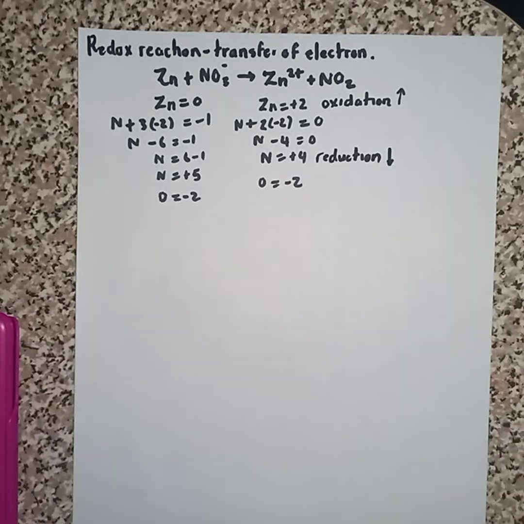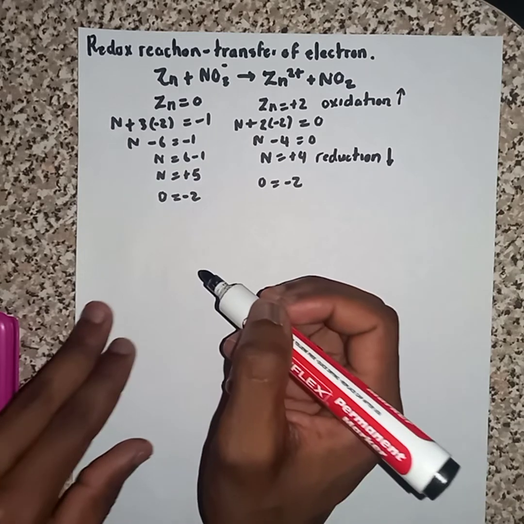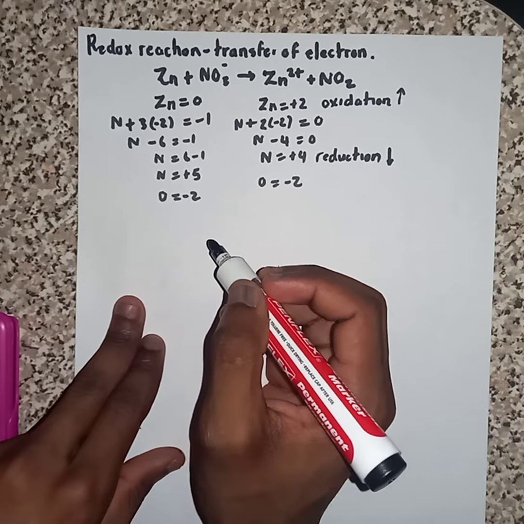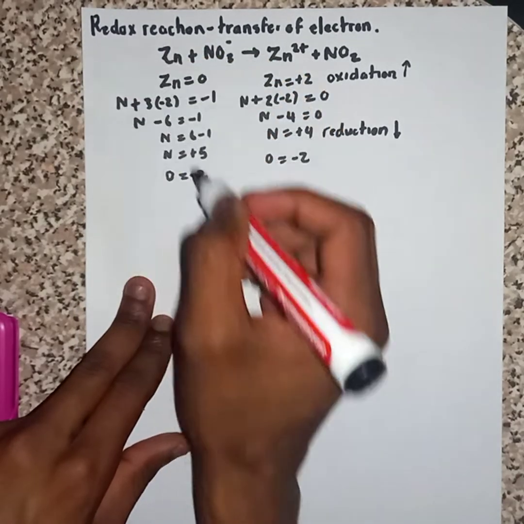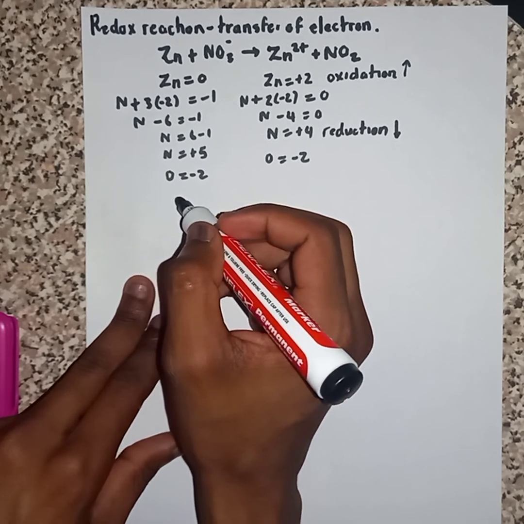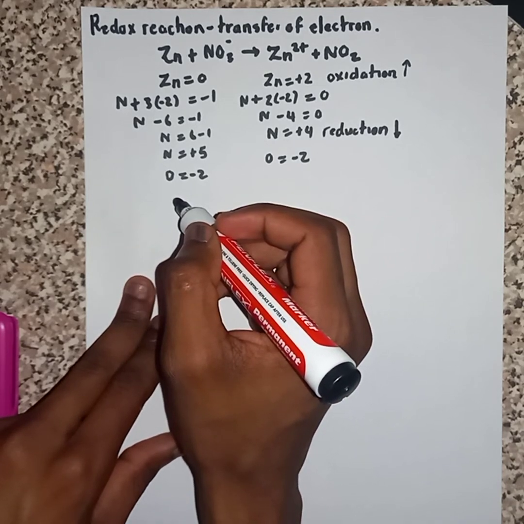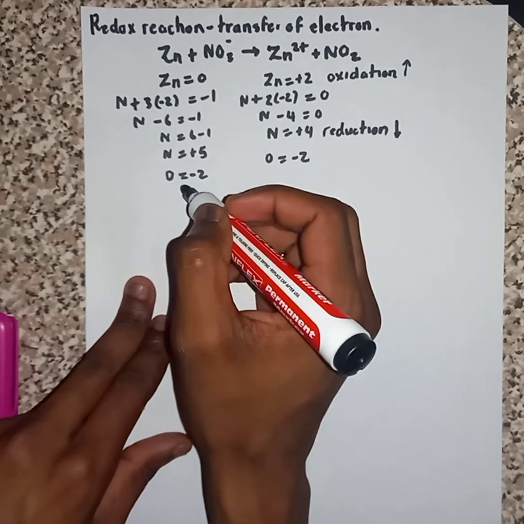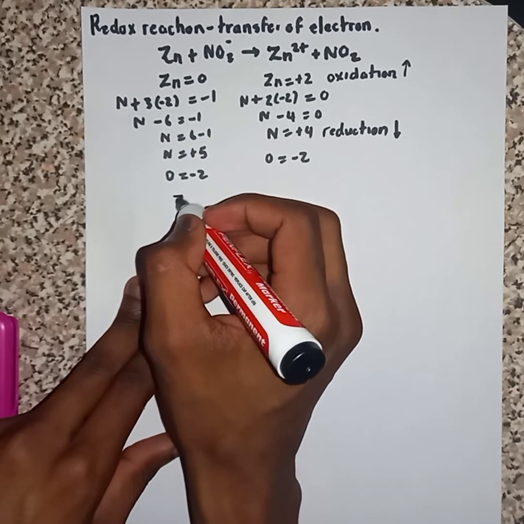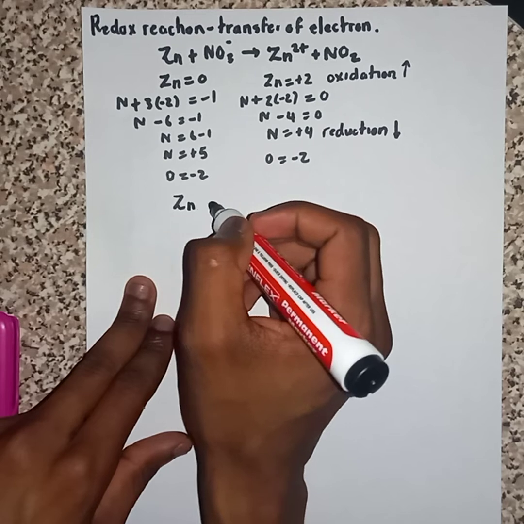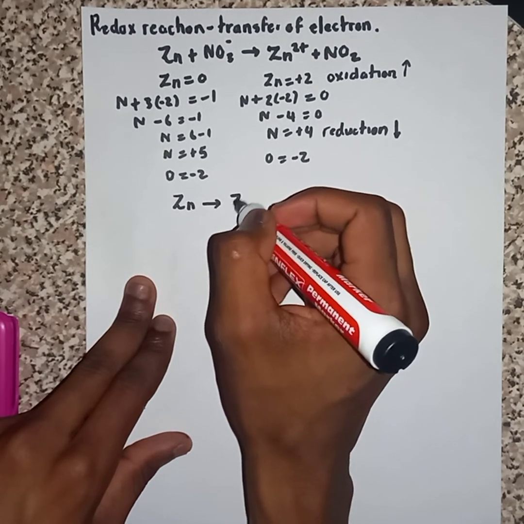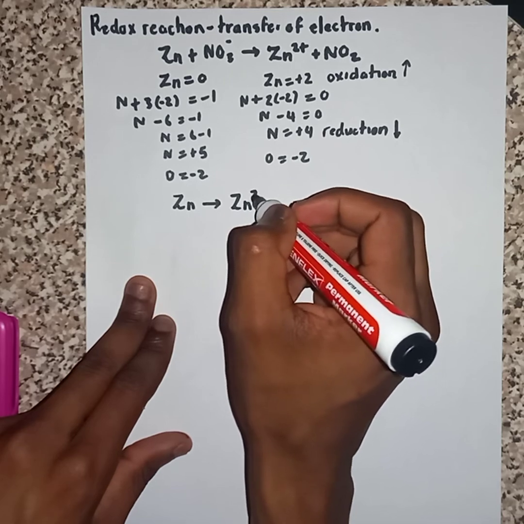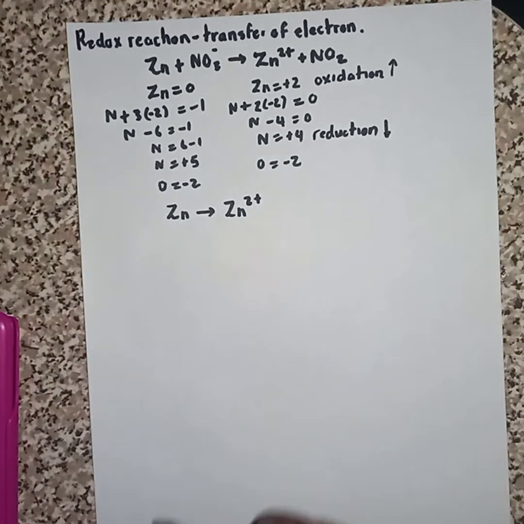From here, we are going to write some half reactions. The half reaction of zinc is going to be like this. Let me just start with zinc. It is Zn, and on our right hand side we have +2 for zinc.